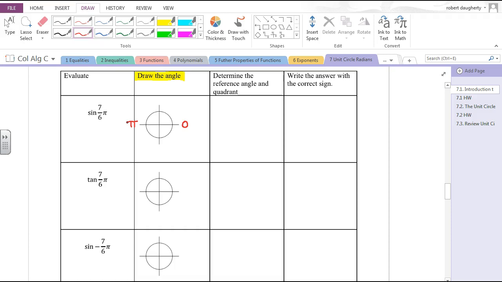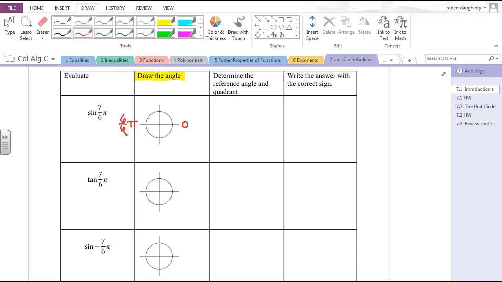Now, you see this 6 here? That tells me I'm interested in subdividing it into pieces that are what? 1/6. Okay? So instead of pi, I'm going to write this as 6/6 pi. Does everyone agree that's the same number? Now, do you have a feel for where 7/6 pi would be?